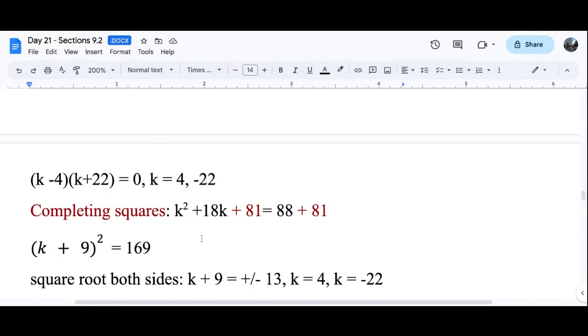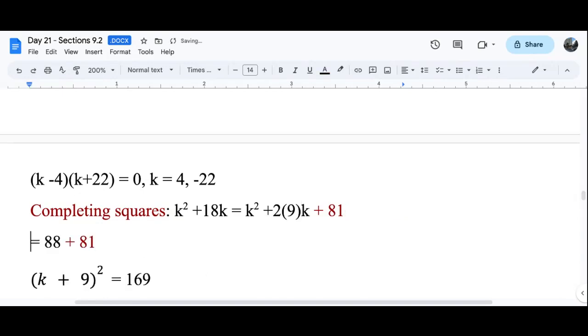Now let's try completing squares. Well, 18, I want to write one more term here. So k squared plus 18k, we can think 18 divided by 2 is 9. So we can write it as 2 times 9k, right? 2 times 9k.